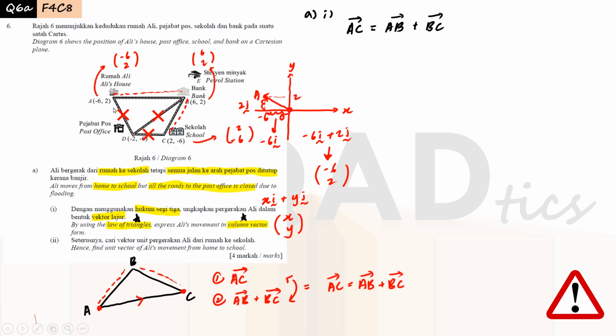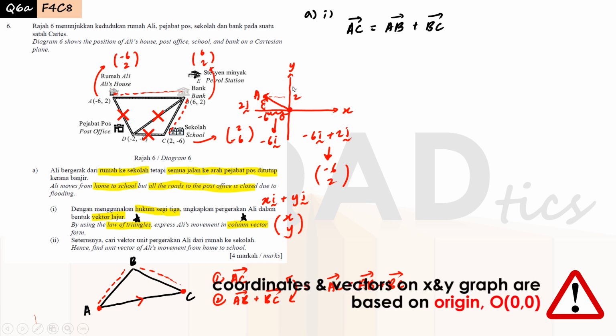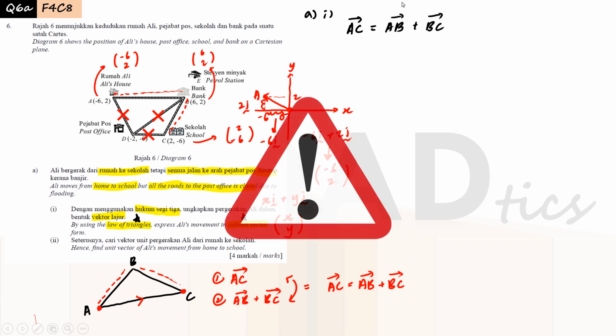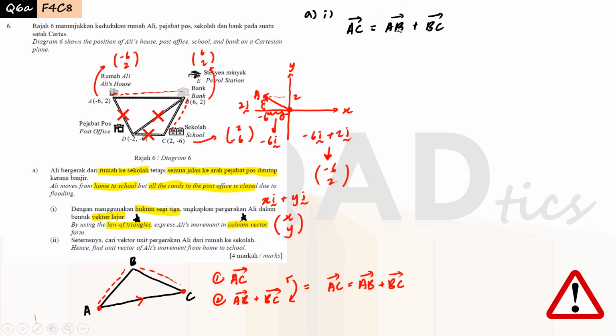So why can we change coordinates to the column vector format? It's because the coordinates and the vectors are all based on the same point, which is the origin. Now going back to find the vectors, we subtract the column vectors of the points.